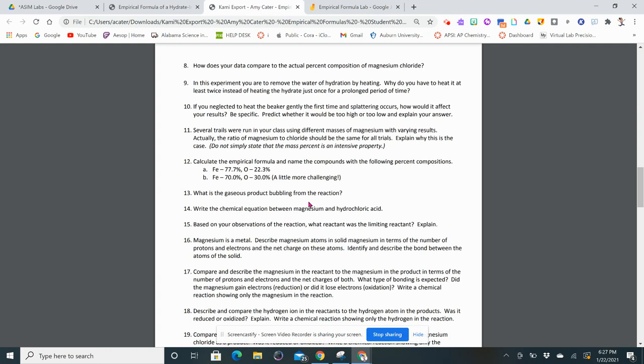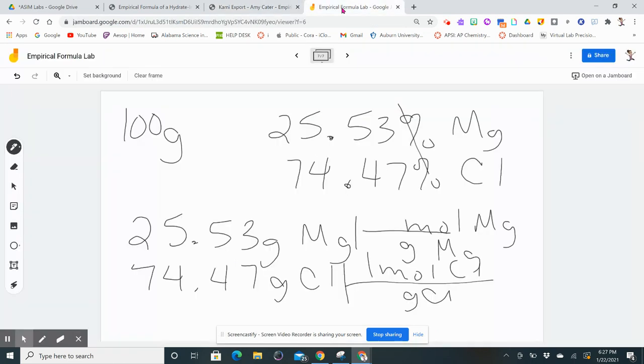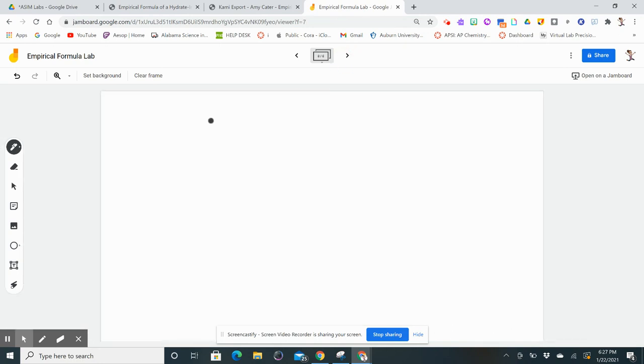Right, what was the gas bubbling from the reaction? All right, so we put that on the board during the class. Let's do it this way. In our reaction, we had HCl, our acid.